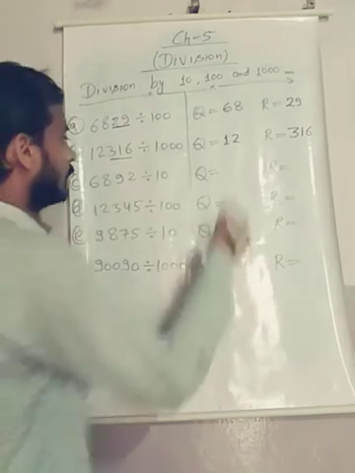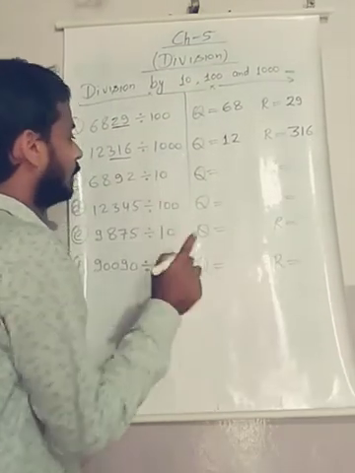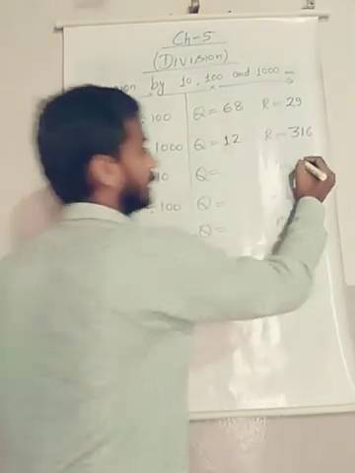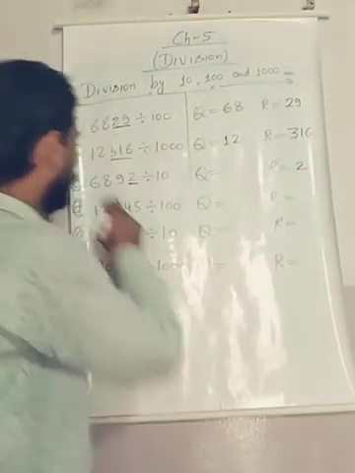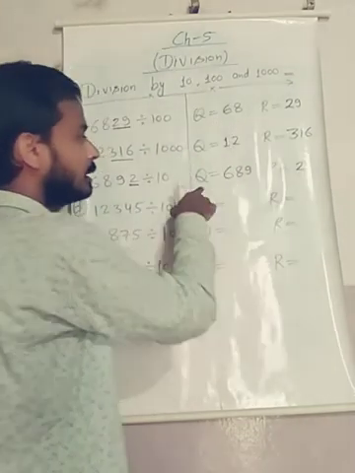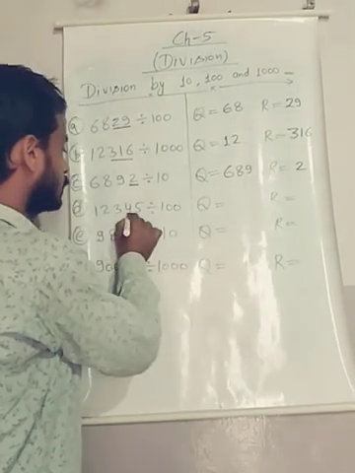Now next, 6892 divided by 10. If we divide a number by 10, then only the last digit is remainder. So right here 2, and the rest, 689, is quotient. Again 100, you know that the last two digits.